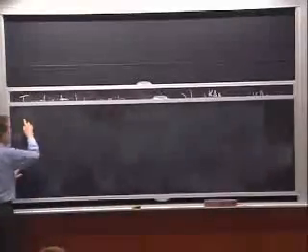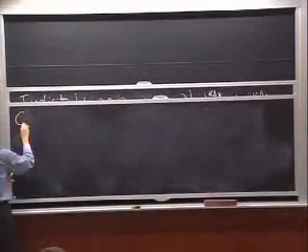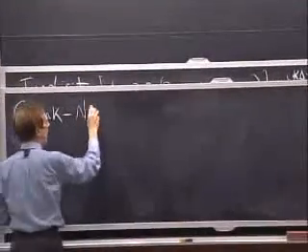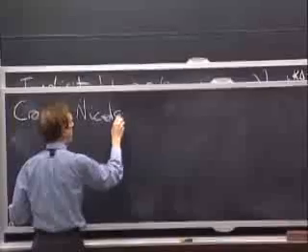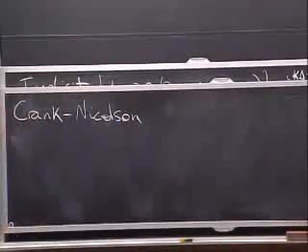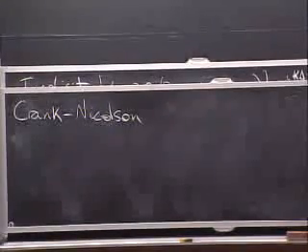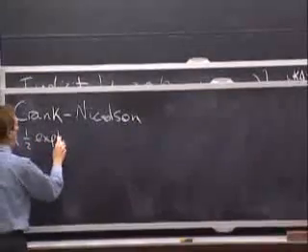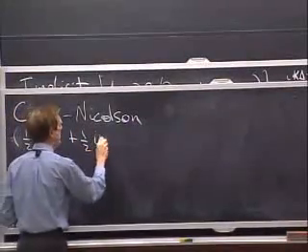So this will be the trapezoidal method, but most people in the diffusion application name it after these authors, Crank and Nicholson. So it's the Crank-Nicholson method. So it's half the explicit part plus half the implicit part.